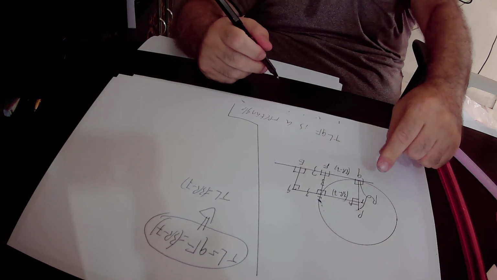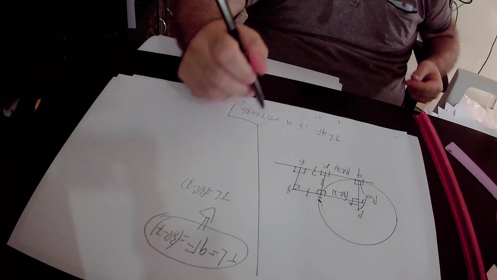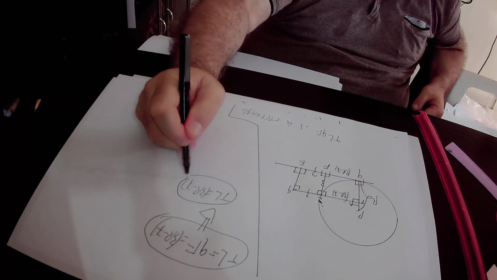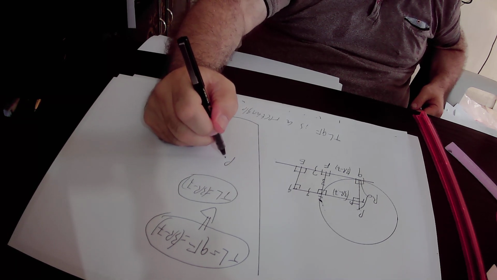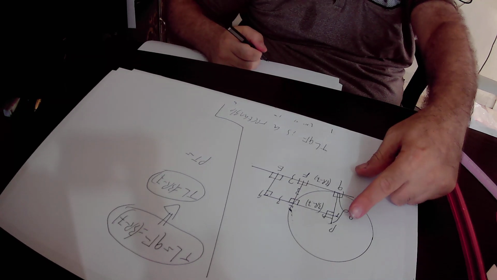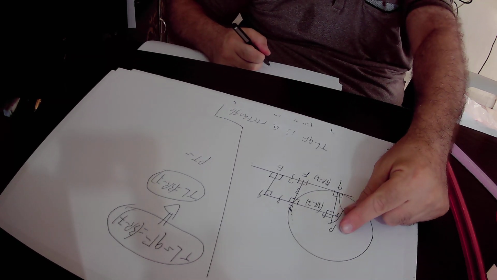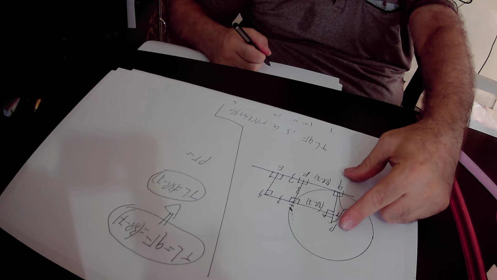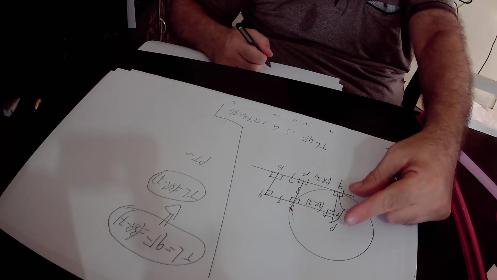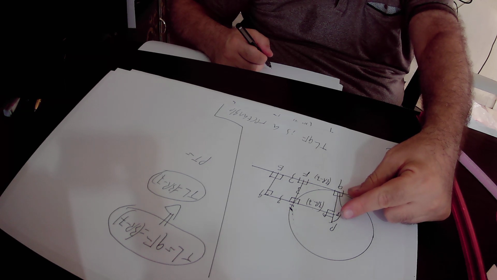What is the length of line segment TP or PT? It is very easy to see from the drawing that PT is equal to PQ minus TQ. Again, PT equals PQ minus TQ.